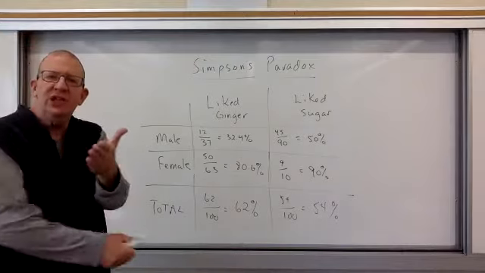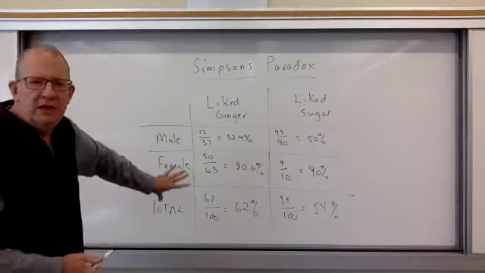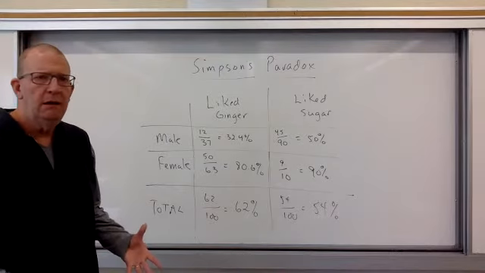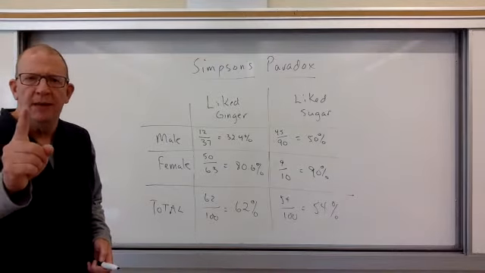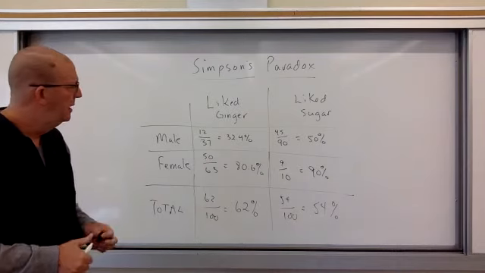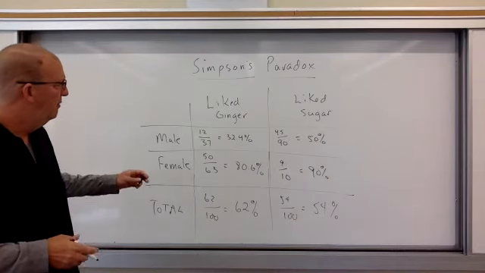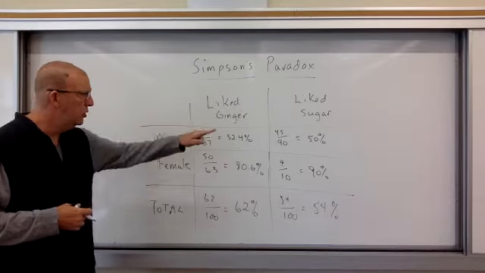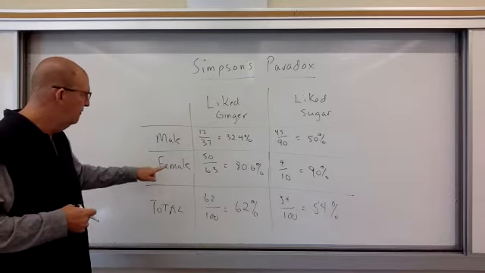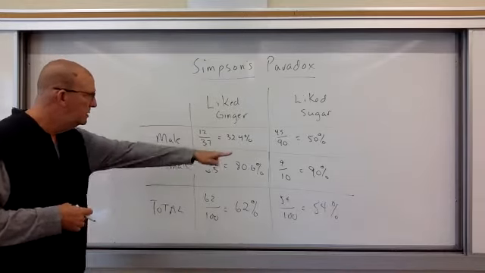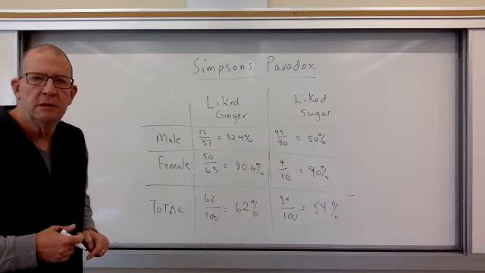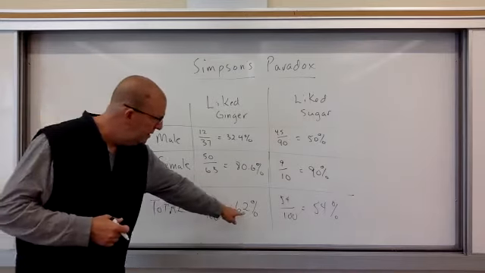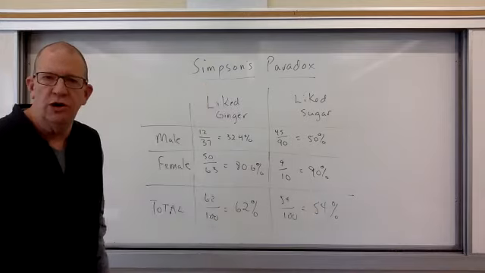Eventually, let's say you're sitting in the boardroom, somebody presents this data, and you say, wait a minute. For the men, sugar cookie wins. For the women, sugar cookie wins. But overall, ginger cookie wins.